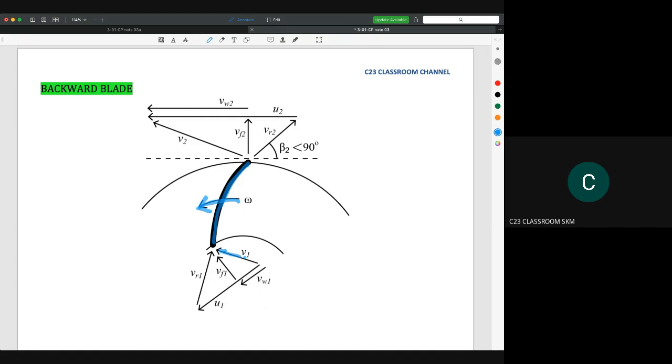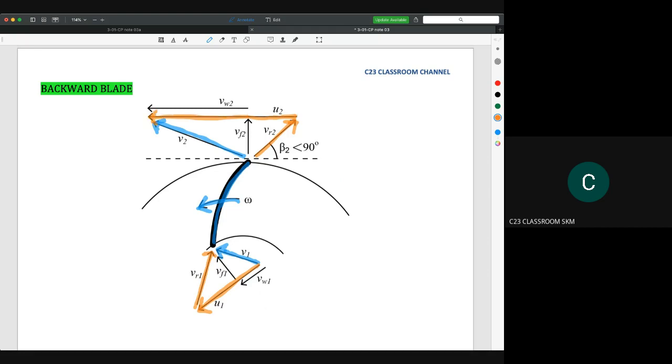So this is the actual velocity, V1, and this is the actual velocity that goes out at the outlet here. And then we could draw the velocity component for VR1 here, and this is for the U1. This is the VR2, and this is the U2.